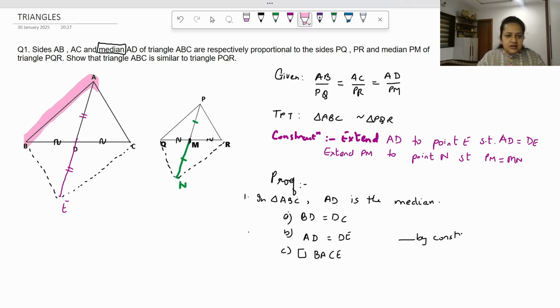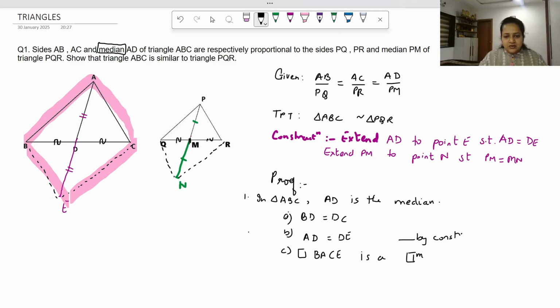We are looking at BACE, this quadrilateral. Then BC and AE are its diagonals, and both the diagonals are bisecting each other. So what can we say? The quadrilateral BACE is a parallelogram. It's a property of the parallelogram that the diagonals will bisect each other.